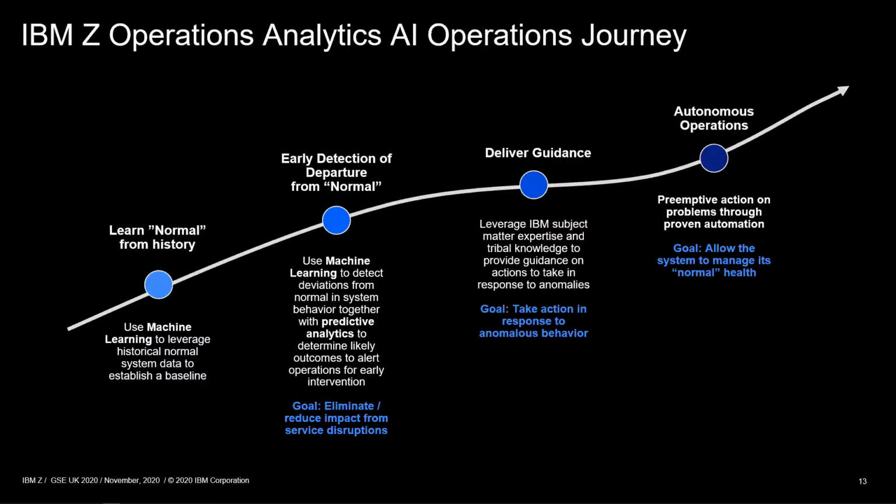As I was going through this and working with our development team over the last couple of years, it's pretty amazing the amount of data science and in-depth knowledge of IBM Z that comes into play in order to do something like this.